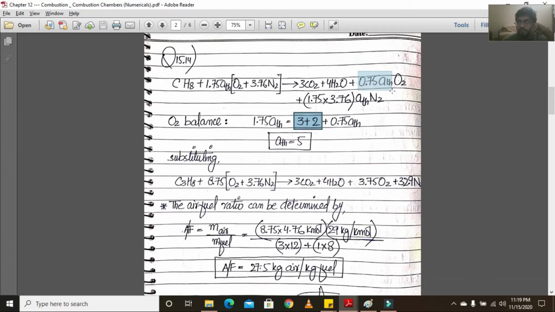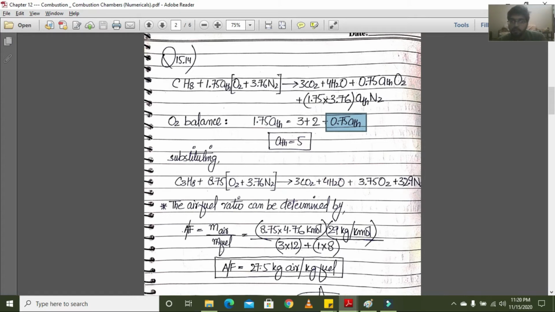Then we have 0.75 ATH, which is the excess amount of air which was provided during the combustion process, so this is what I have written down here. And then we just had the nitrogen molecule, and we didn't have any oxygen in that part, so we have just left it there.